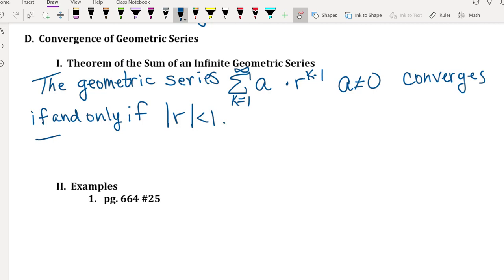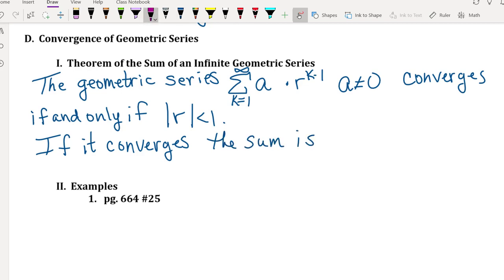So if it converges, the sum is this nice little formula, S equals A over 1 minus R.